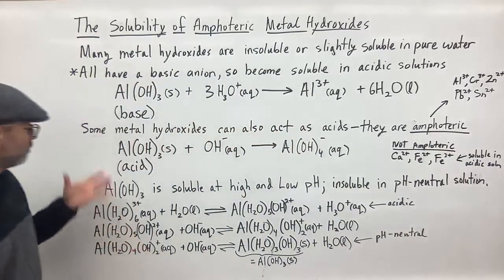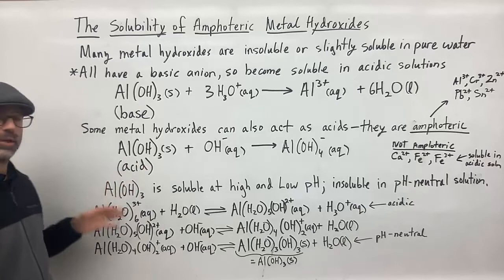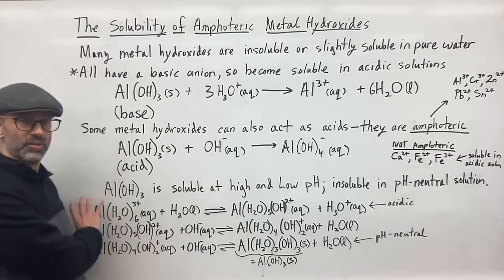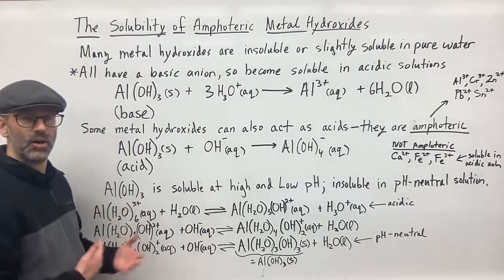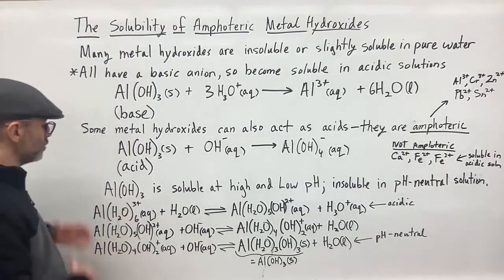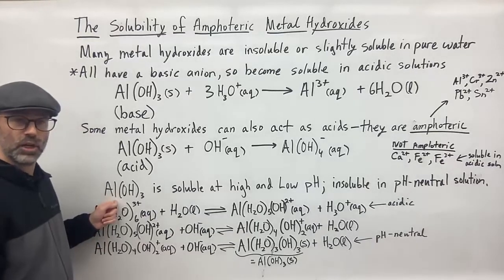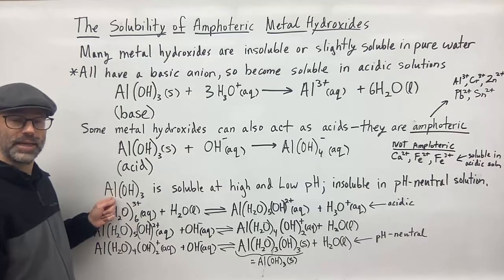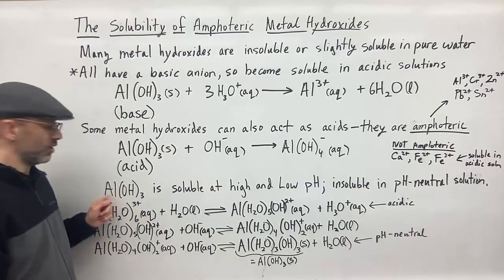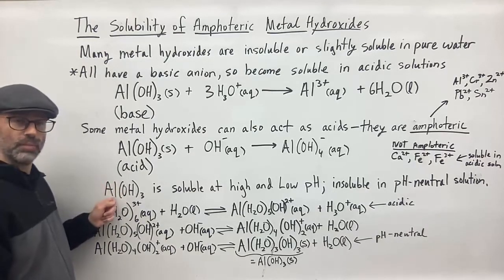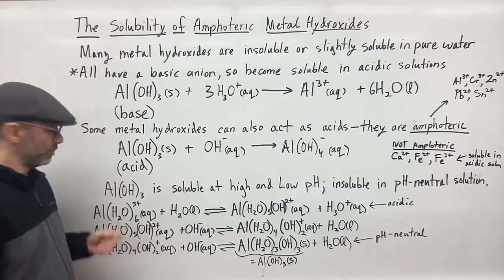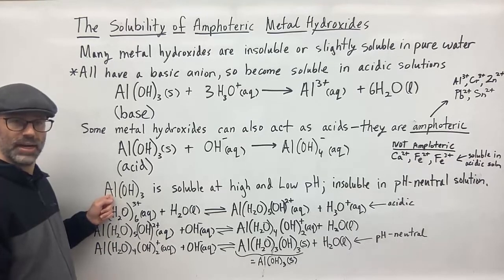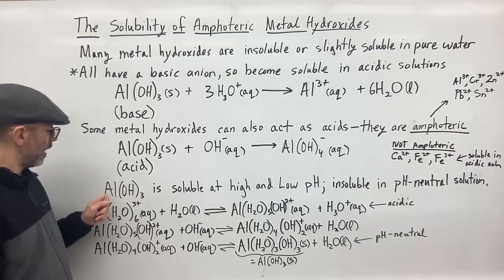And so if we come back to our aluminum hydroxide, we can kind of see from stage to stage, going from acidic solution to basic solution, how this comes about. So we know from previous videos that we talked about how some metal ions can act as acids because they're small but highly charged. So aluminum is one of those examples, where aluminum is a small but highly charged ion.